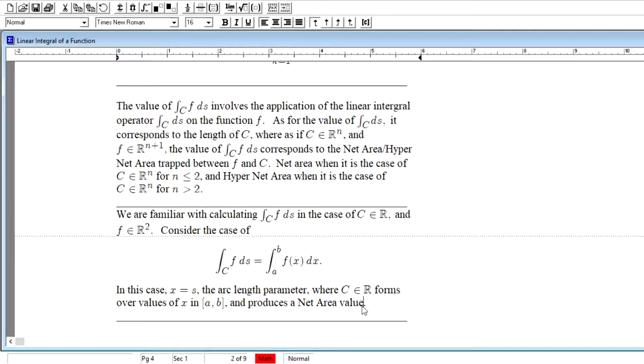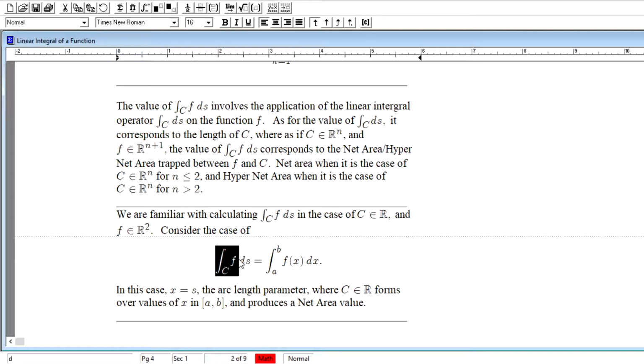But what we really want to connect to here is that this calculation we were making back in Calc 1 for net area is nothing more than this understanding here now in vector calculus, or really what we would say is in the calculus of space. Here we're looking at the calculus happening in n-dimensional space for a linear integral.